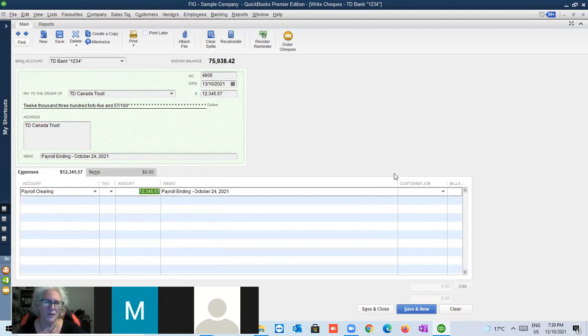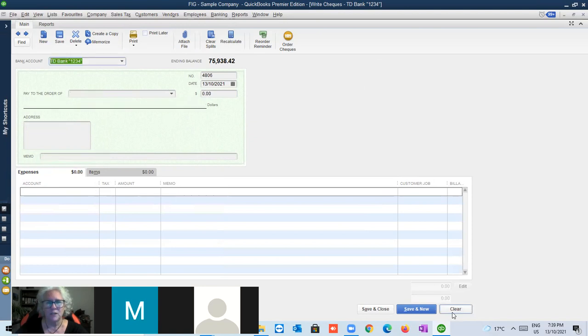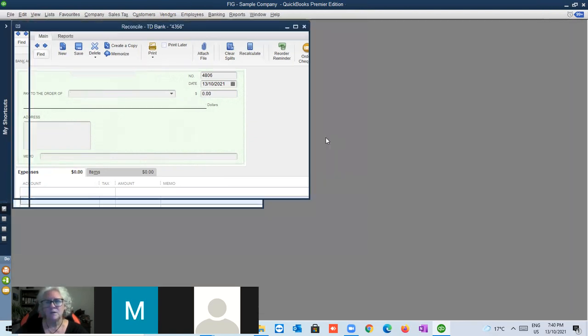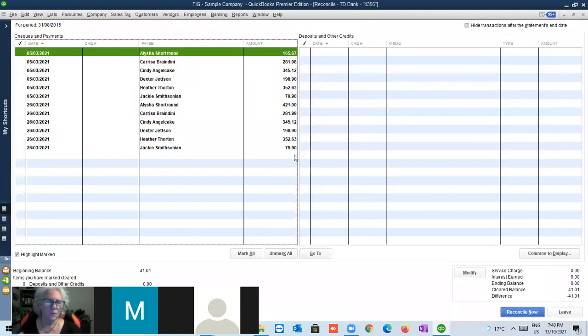So if anybody has that situation, use the payroll clearing method, and that way you can see if Royal Bank or TD Canada Trust made a mistake, or you could see that when you posted all these checks, did an amount get transposed? So maybe there was an error there, and it's a very easy way to know if your payroll is accurate.